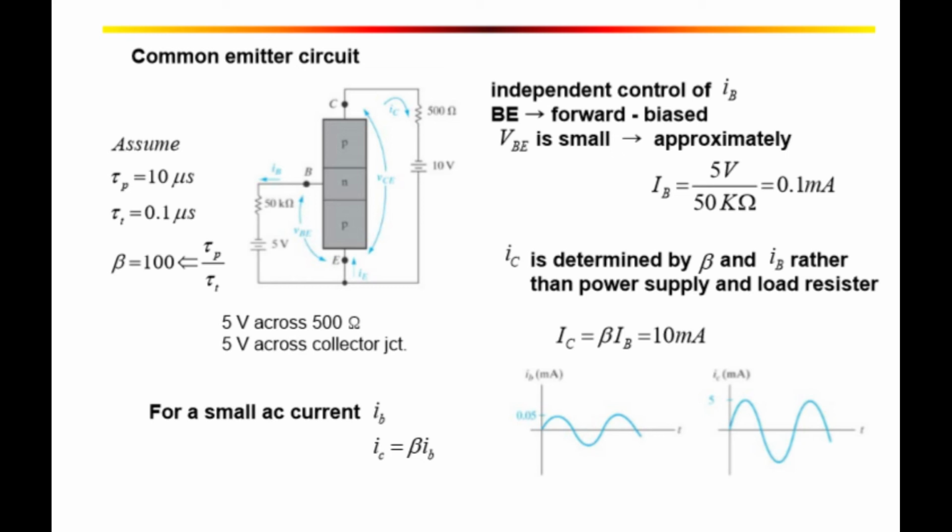Thus, the ratio of the collector current to base current is simply the ratio of tau p divided by the total transit time from emitter to collector. This is for emitter efficiency 1, and negligible collector saturation current.